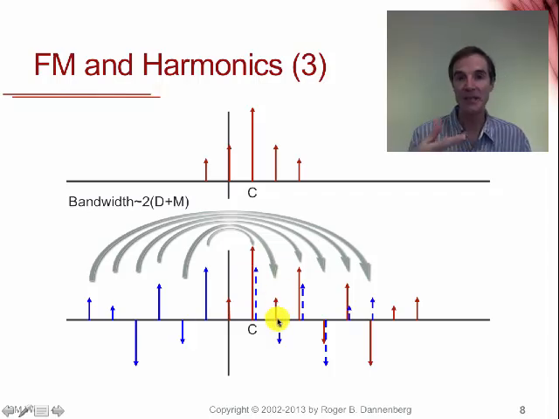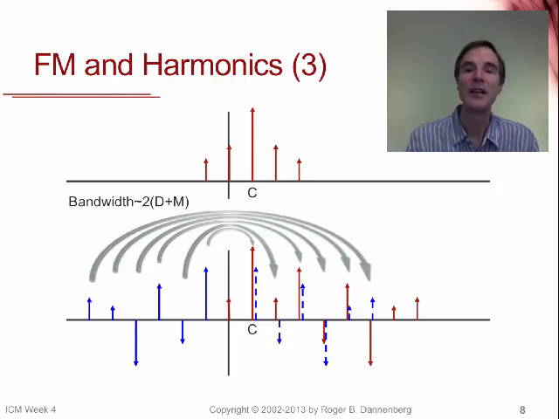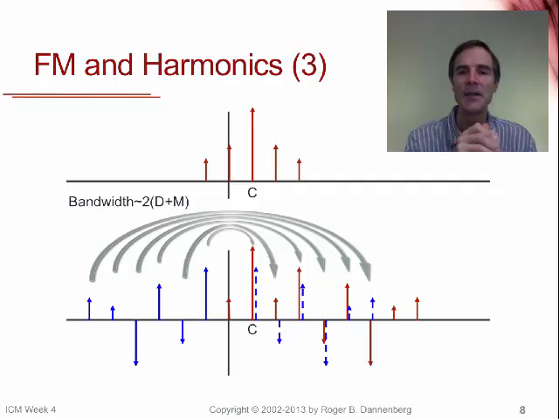Sometimes they cancel, they add destructively. And so once again, the amplitudes are complex enough to begin with, but now that some are canceling others, we get very interesting evolution of the spectrum. And that is one thing that gives rise to this characteristic FM sound.